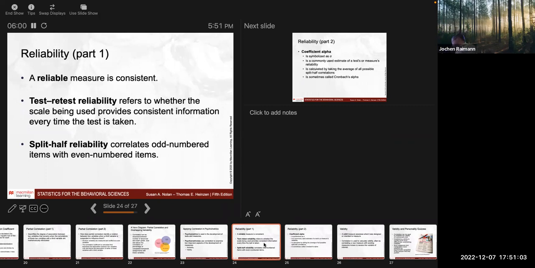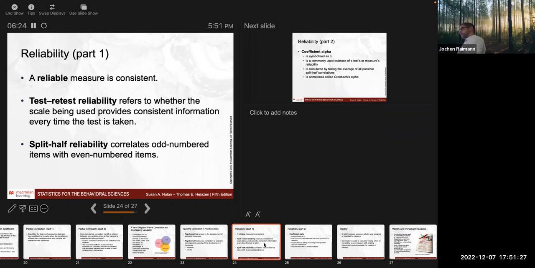This can also be measured with one test. Let's imagine a survey with 100 questions. You take from these 100 questions only the odd numbers and the even numbers, and you split your test in half.